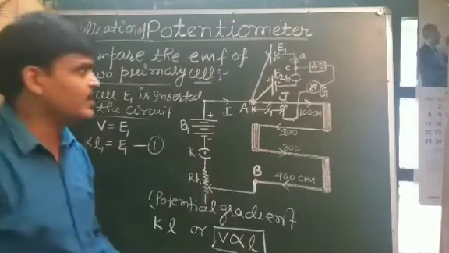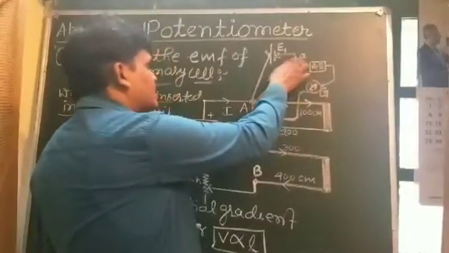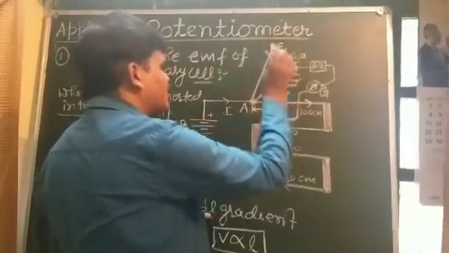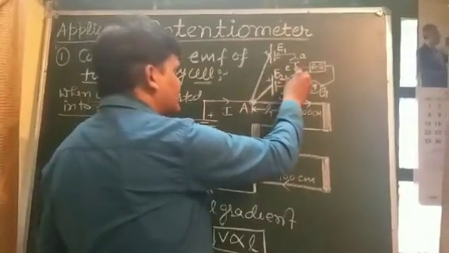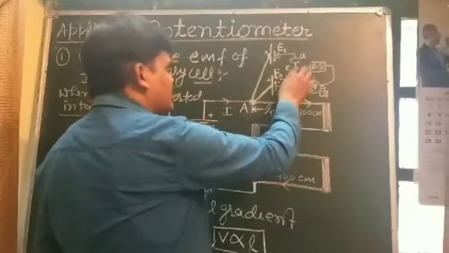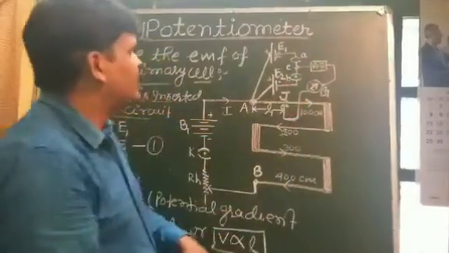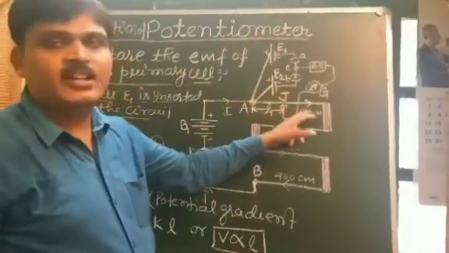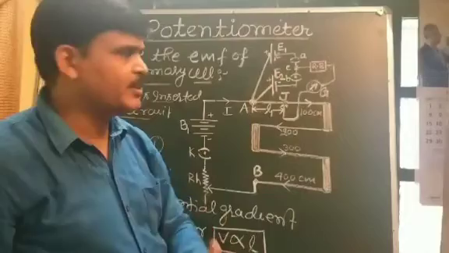In the same way, students, now the key between A and C is open. Now insert the key in between C and B. It means cell E1 is kept open, and cell E2 is inserted into the circuit, and the same process is repeated.